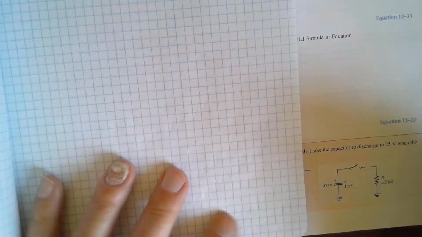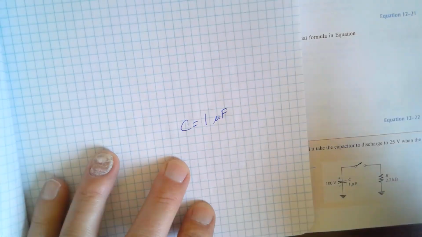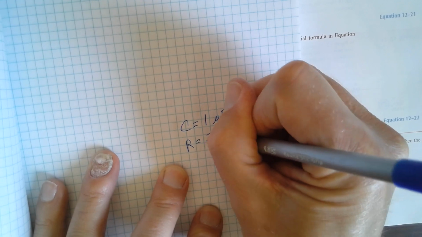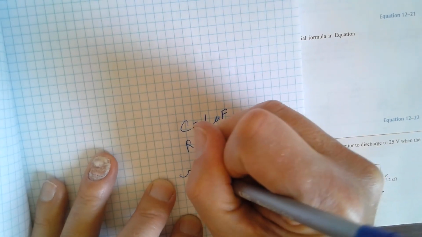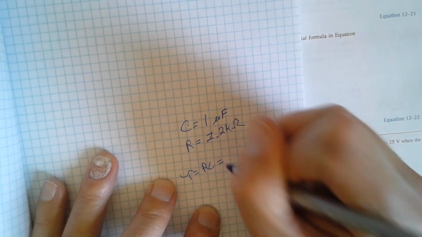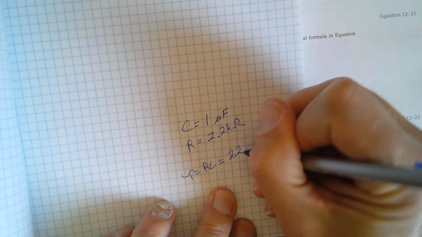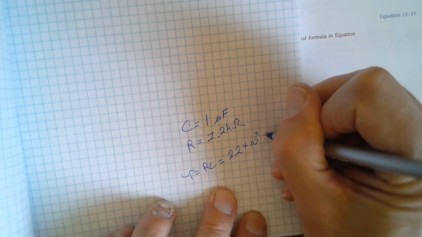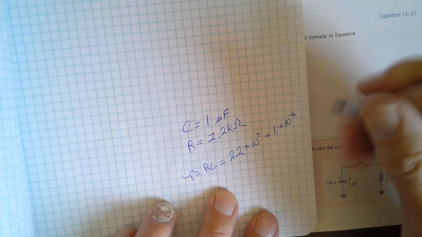Okay, so the time constant, your capacitor is 1 microfarad. Your resistor is 2.2 kiloohms. So your time constant is RC, and that's going to be 2.2 times 10 to the third times 1 times 10 to the negative 6.